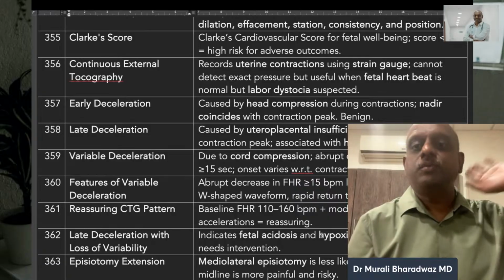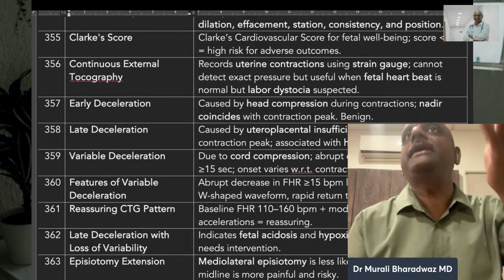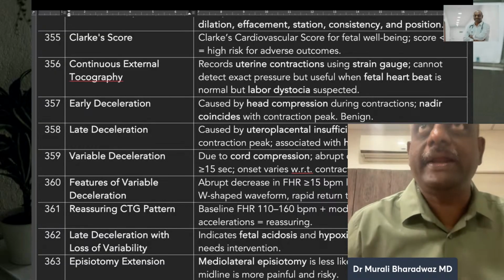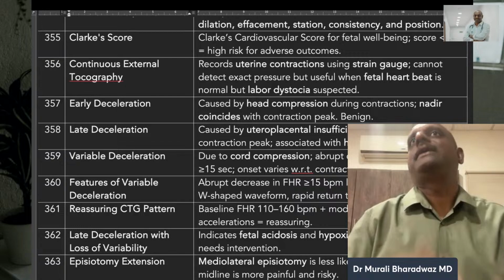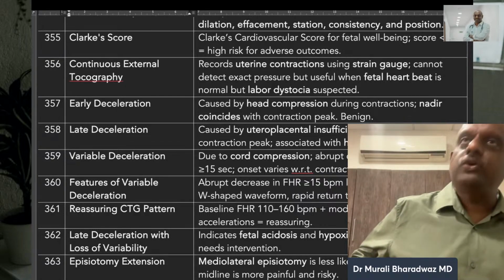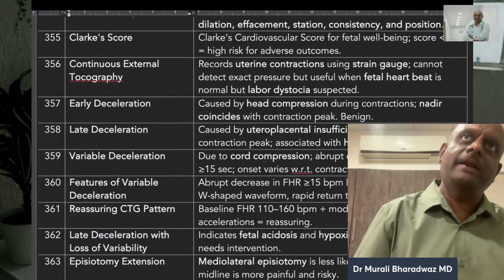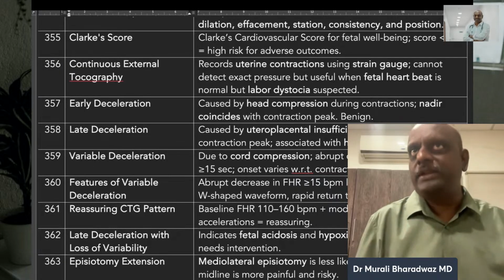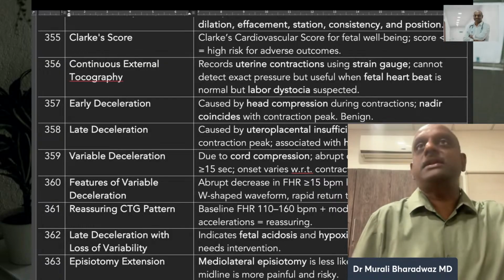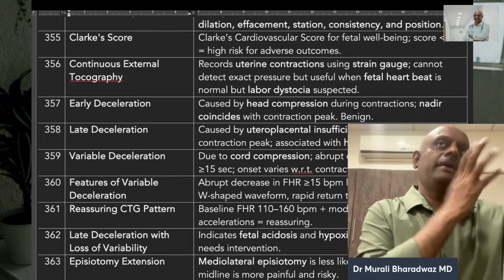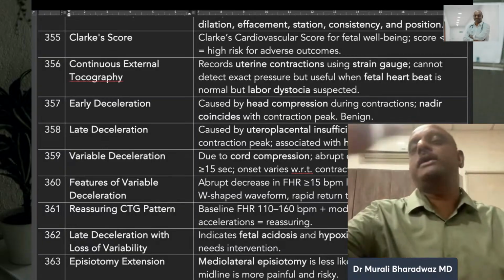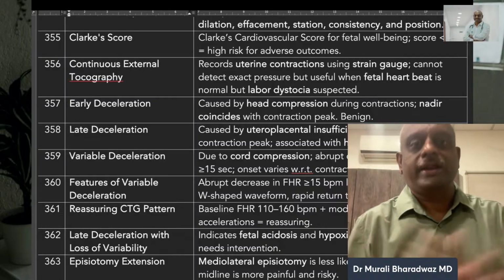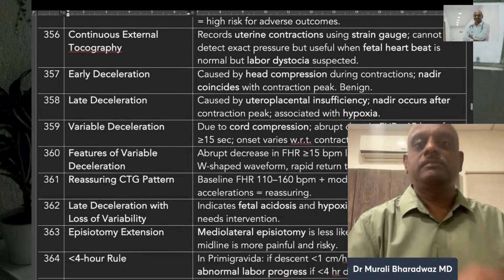Whenever the fetal heart rate drops by more than 15 beats per minute in a 15-second observation period, that is the definition of deceleration. So basically, you are parallelly monitoring the uterine pressures and the fetal heart rate, and you see a drop of more than 15 beats per minute in 15 seconds. And that deceleration in sync with uterine contraction can be early, late, or variable. Early is head compression, late is uteroplacental insufficiency, and variable is cord compression. Good with that?